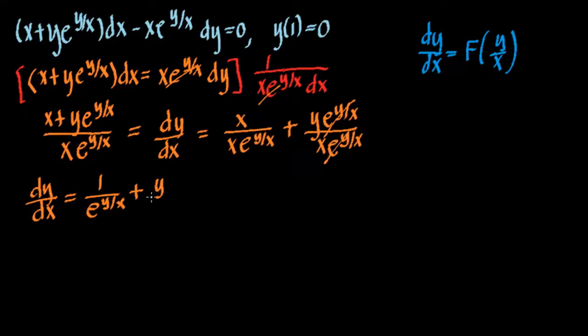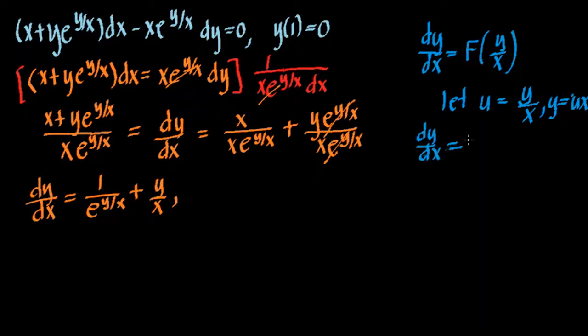And we have this form now, dy over dx equal to f as a function of y over x, so we'll let u is equal to y over x. And y is equal to u times x. So taking the derivative with respect to x, dy over dx is equal to u plus x du over dx. Now we'll plug this in here in our left hand side expression.